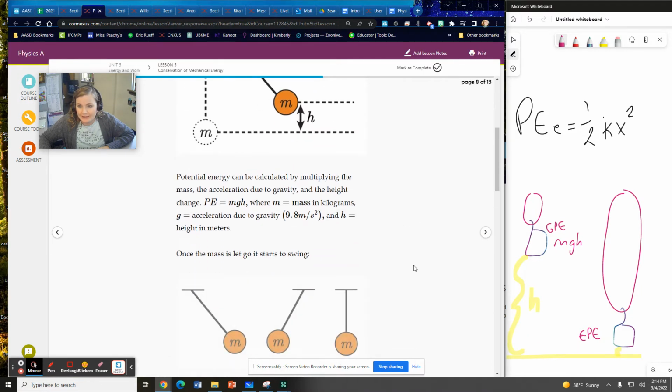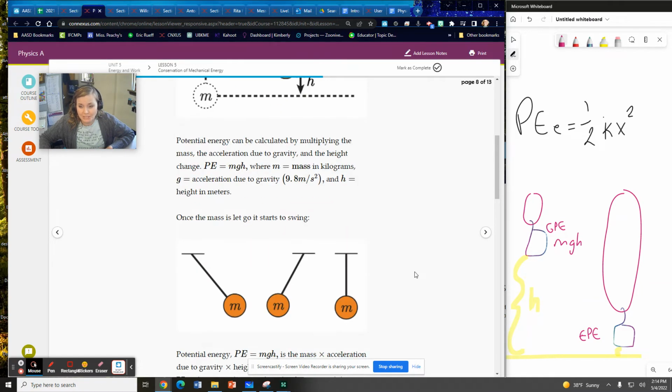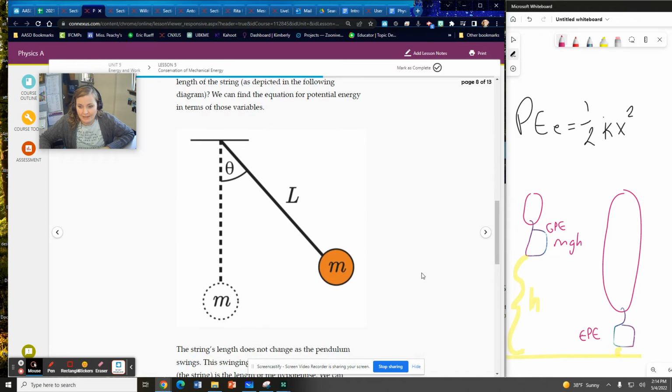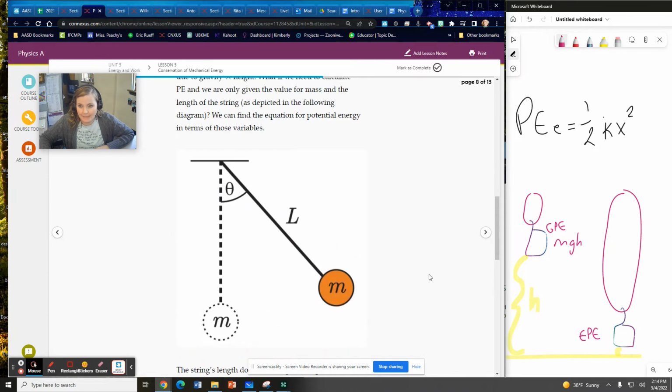Now it's telling you that you can actually measure this using a little bit of geometry. So essentially, your string is not going to change in length. So when it's here versus when it's here, the string length does not change. What changes is the height above the resting position.